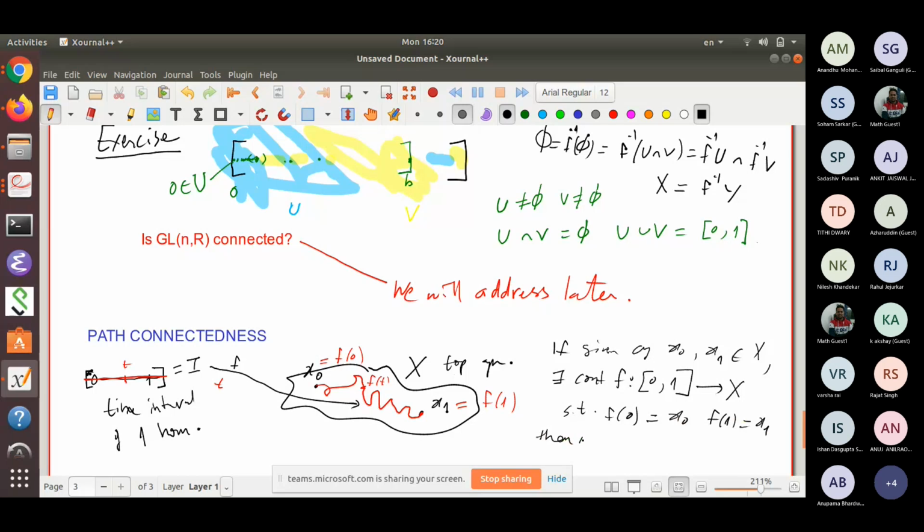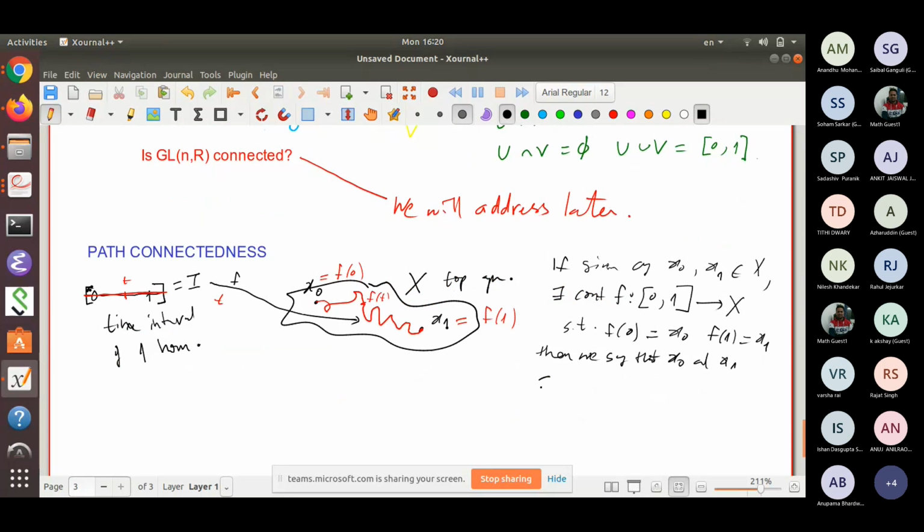Then we say that X0 and X1 can be connected by a path. This is a parameterized path.